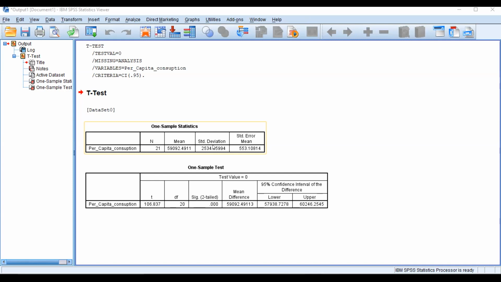The standard deviation is 2534, a high standard deviation, and the standard error is 553.10814. These are the outputs for per capita: the t value, this is the degree of freedom, and this is the significance level. Here it is a two-tailed test. This is the mean difference, this is the lower bound of the consumption, and this is the upper bound of the consumption. Now we need to interpret our result as per our null hypothesis.